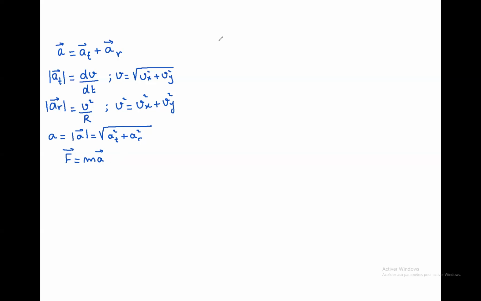Let's take a simple example. Here we have a center O, and we have a pendulum.